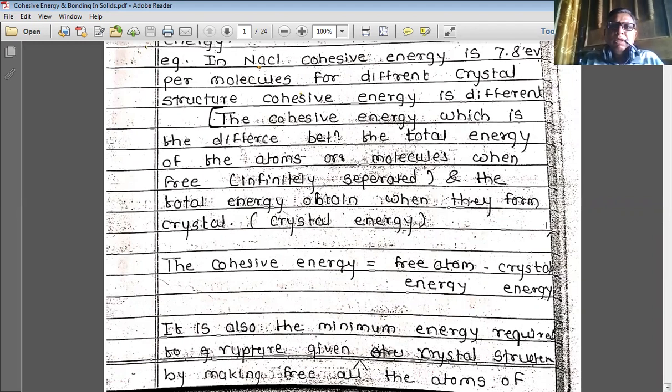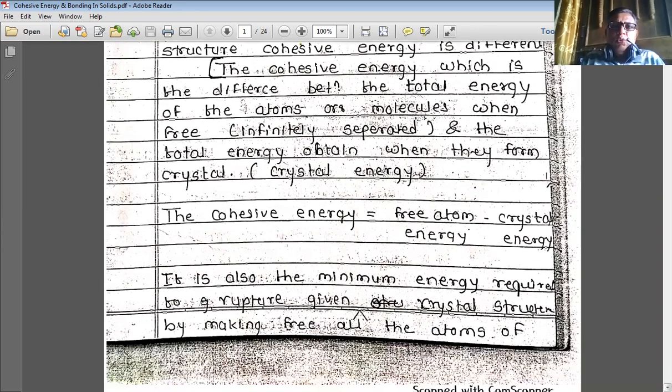Cohesive energy is the difference between the total energy of the atoms or molecules when free or infinitely separated, and the total energy obtained when they form a crystal, that is the crystal energy.